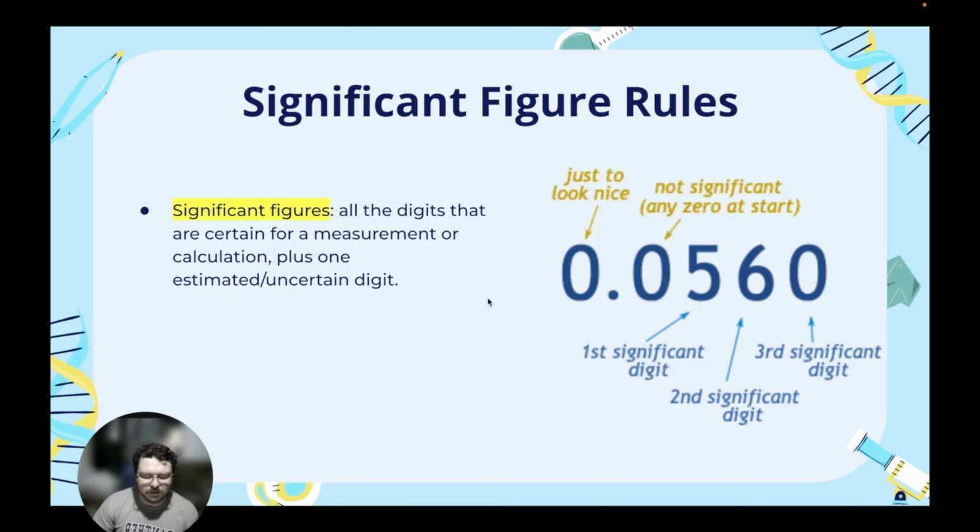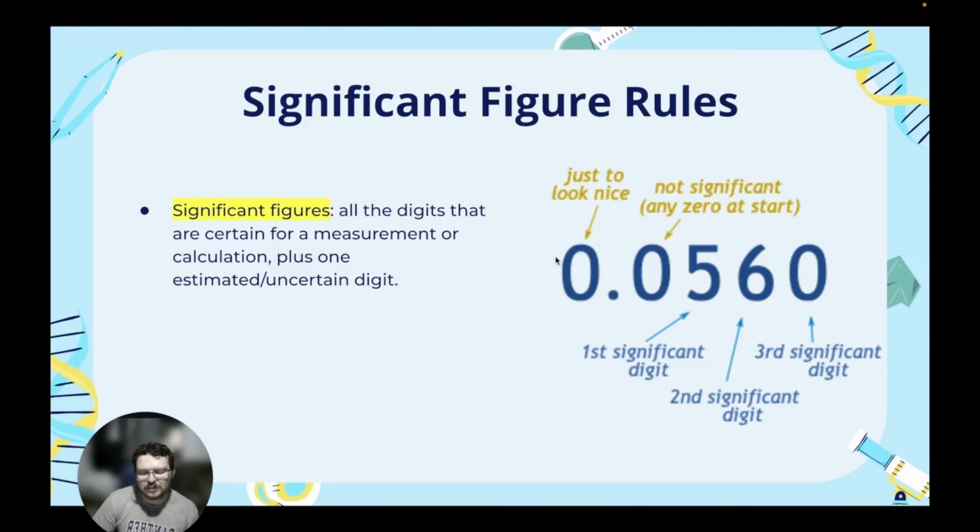So let's look at this number over here on the right. So if I wrote the number 0.0560 and we said that was the number from an experiment, let's say I'm measuring the length of something. So this is in picometers, millimeters or something. We would write this 0 just to the left of the decimal, just because that would make it look nice. That number is going to look cleaner if I put that 0 there instead of starting with a decimal.